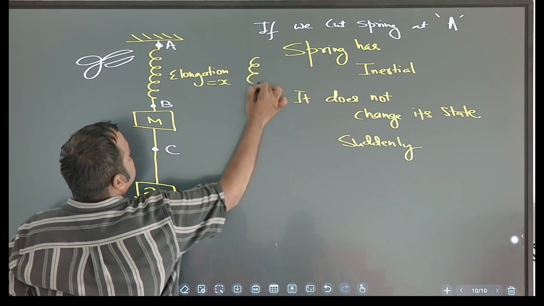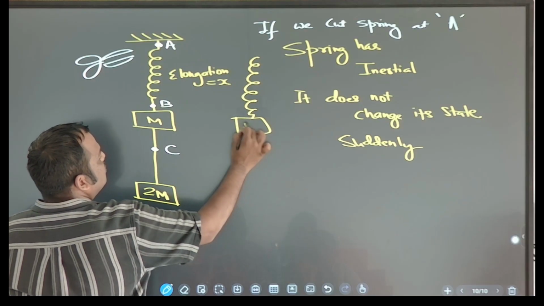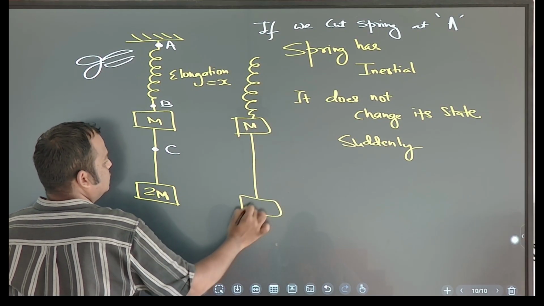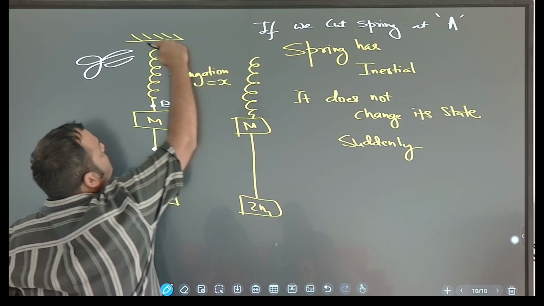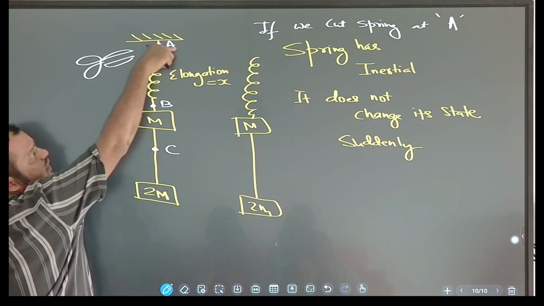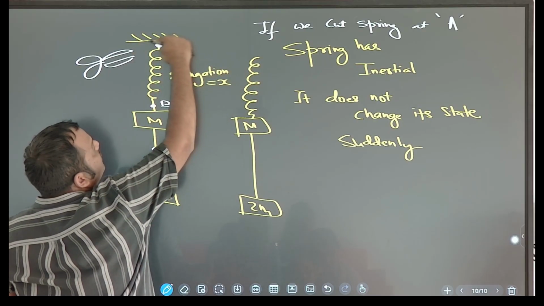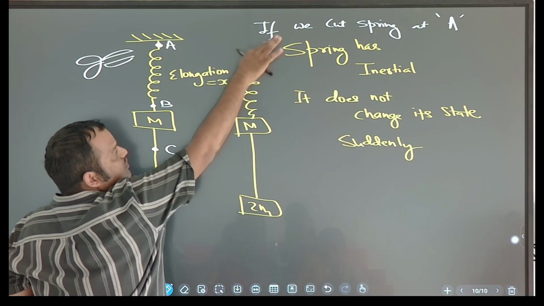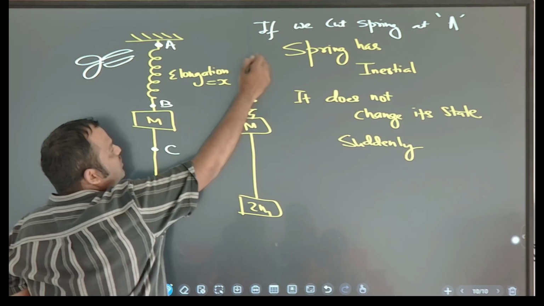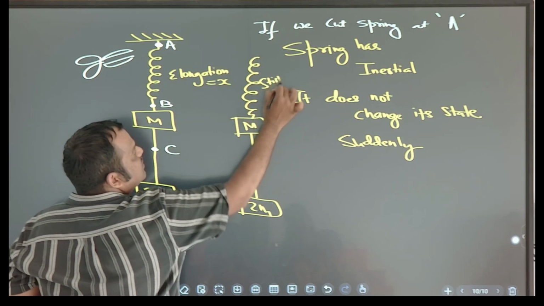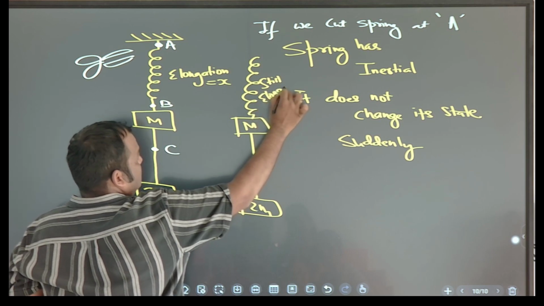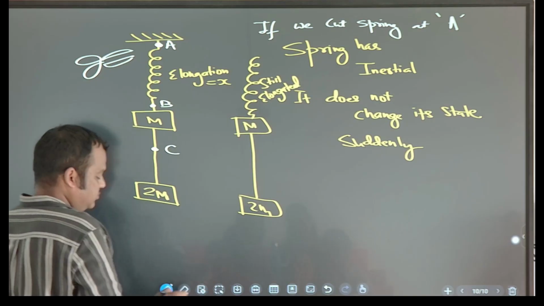It will look like this. Now this is the block, spring, block, and 2M. Ceiling is not attached after you cut it here. But spring is still elongated. Correct or not?